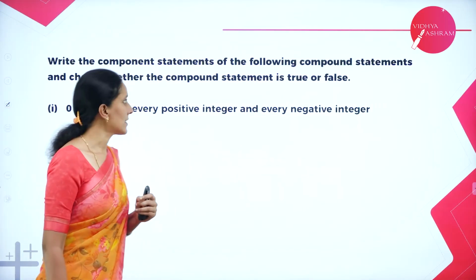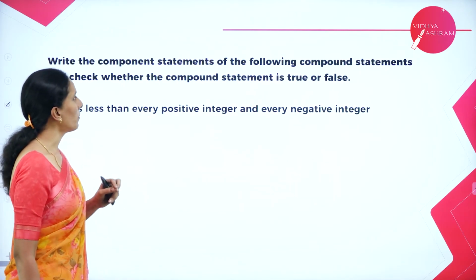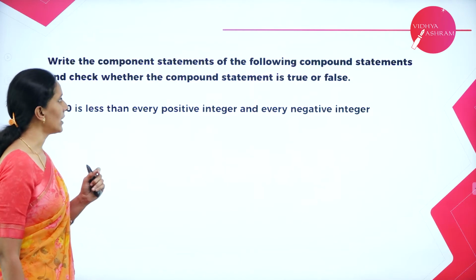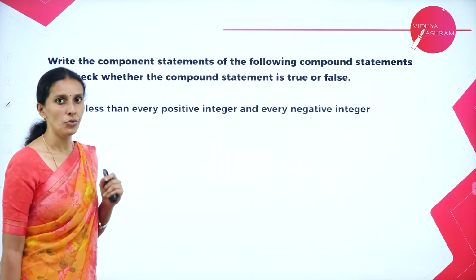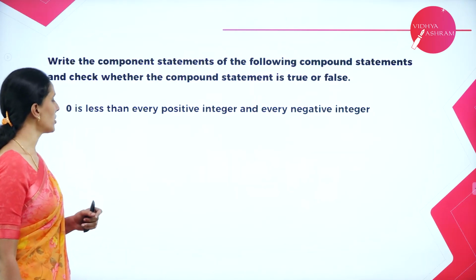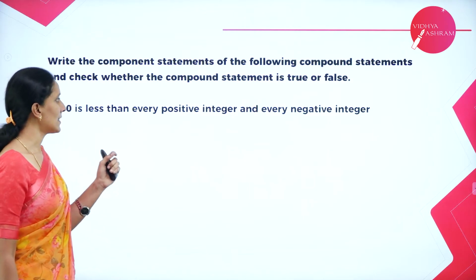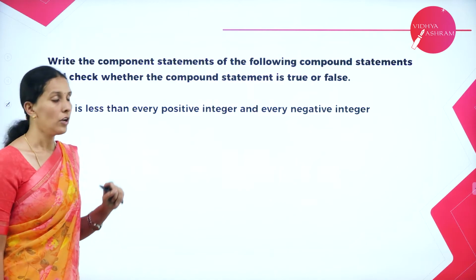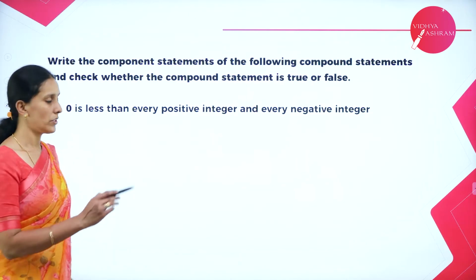So let's take an example here. Write the component statements of the following compound statement and check whether the compound statement is true or false. The question is: 0 is less than every positive integer and every negative integer. First, let us write the component statements.